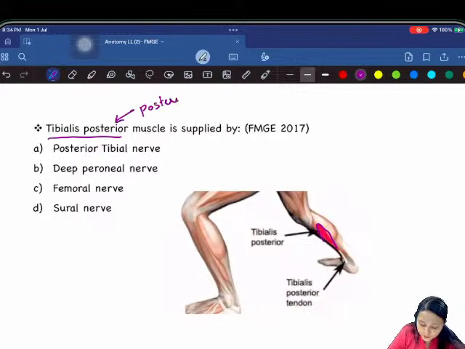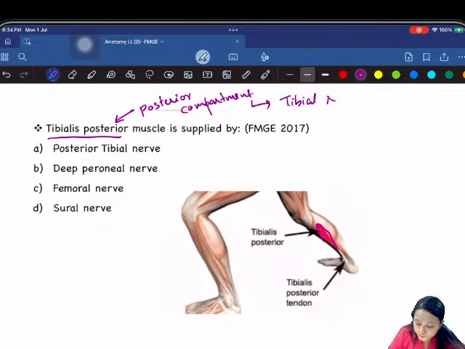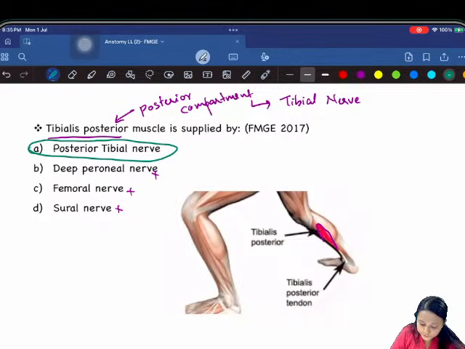Again, same thing. If you know how to answer, you will answer all the questions correctly. And what is the nerve of the posterior compartment? It is the tibial nerve. So they have mentioned sural nerve, femoral nerve, deep peroneal nerve. So the answer here will be the posterior tibial nerve. This is the correct answer. All right.